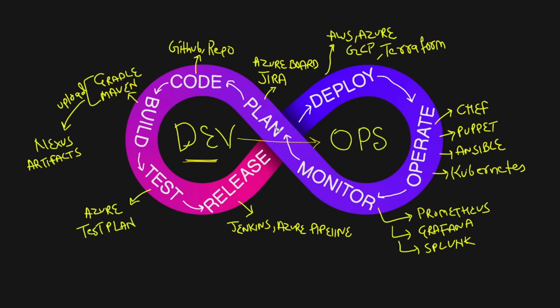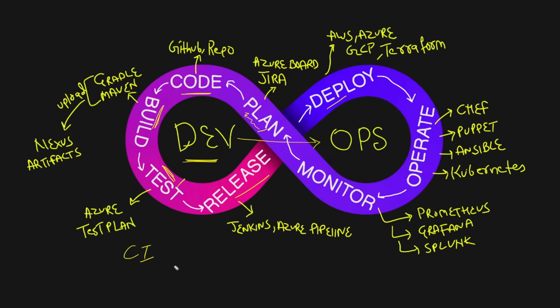So basically, it starts with planning, right? Then coding, then building your code, packaging it, compiling it, testing it. From planning to test, this is what is referred to as CI, or continuous integration. Then release, deploy.